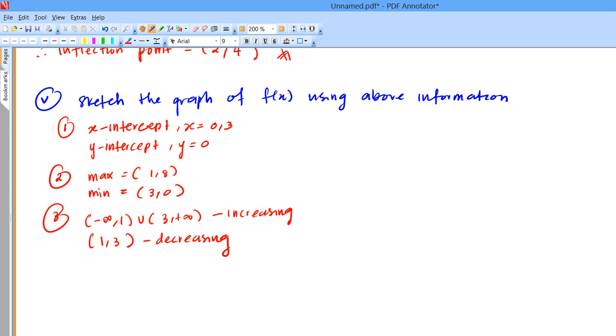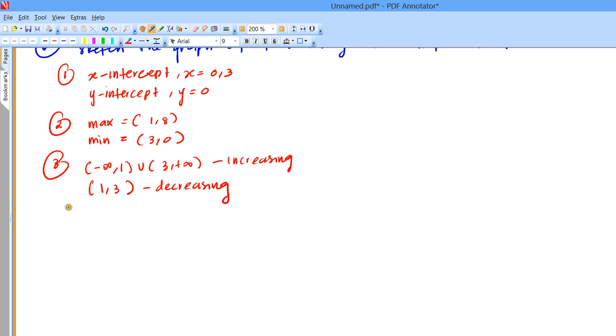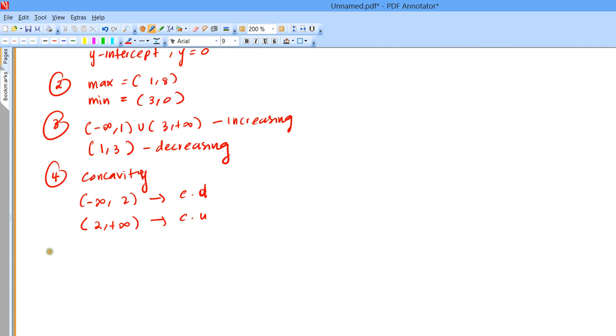Okay, next is the information about concavity. So from negative infinity to 2, our function is concave down, and then from 2 to positive infinity, concave up. And lastly, we have the inflection point equal to 2, 4.